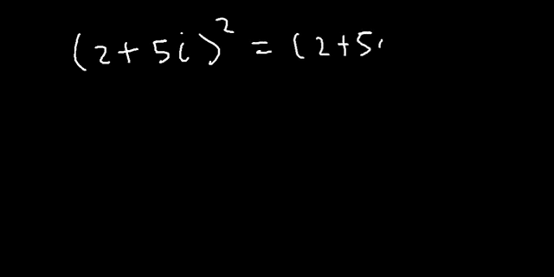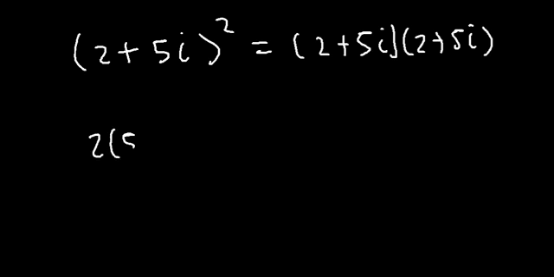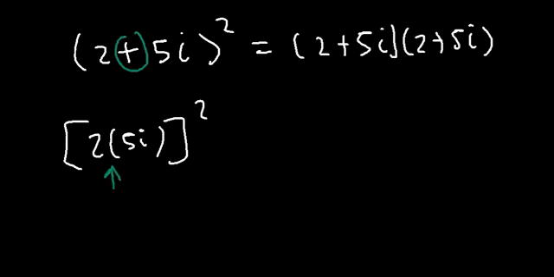Now I do want to mention something. If you have 2 plus 5i squared, you have to FOIL. You have to do 2 plus 5i times 2 plus 5i. But let's say you have 2 times 5i squared. Notice that here we have a plus sign, but here it's multiplied. For this one, you don't have to FOIL.